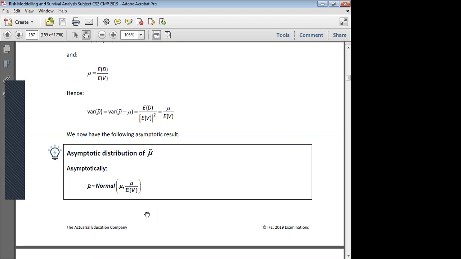How large is large enough, you never know, but that is the best you can do. So I guess this is all you need to know about the distribution of mu tilde. Any doubts so far?